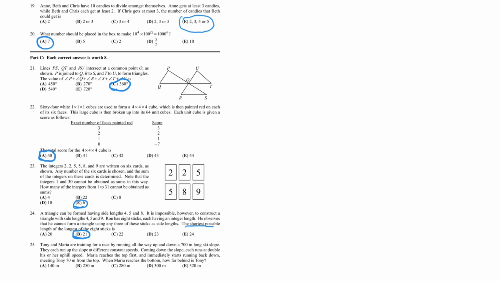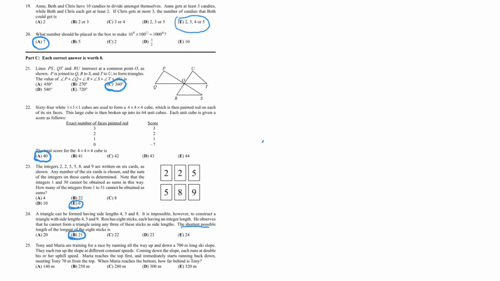Maria reaches the top first and immediately starts running back down, meeting Tony at 70 meters from the top. When Maria reaches the bottom, how far behind is Tony?